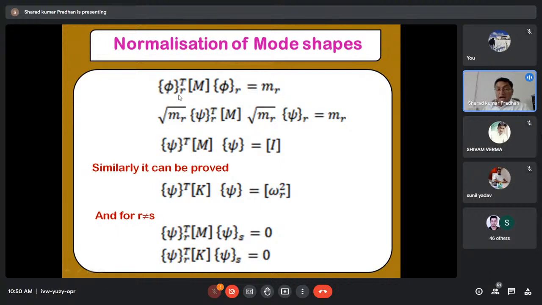Now this phi R is converted into under root MR psi R. Similarly, this phi R is converted into under root MR psi R. MR is MR. This multiplied by this, you are going to get psi transpose M psi here, and because this M is cancelled, you will get the identity property.